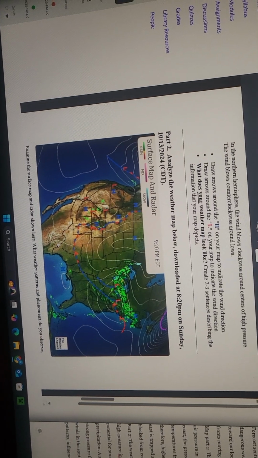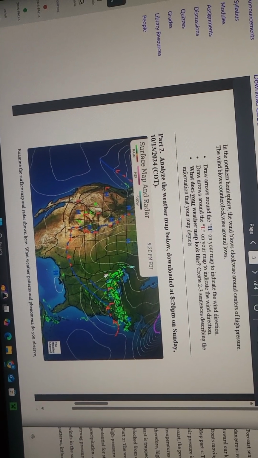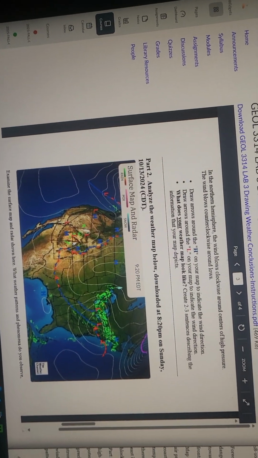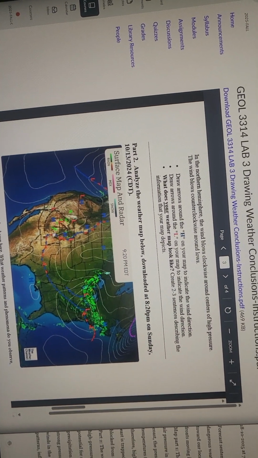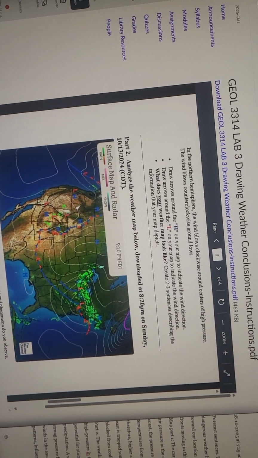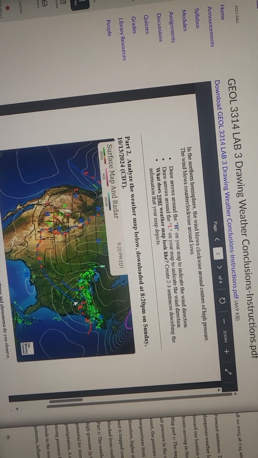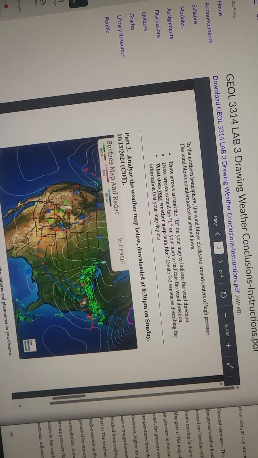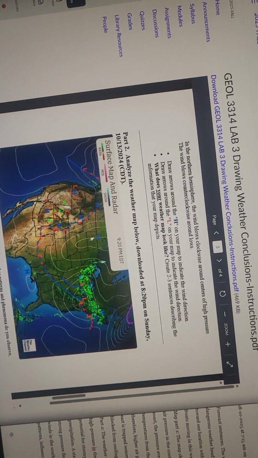We can also see the warm and cold fronts moving through, as well as the storms. This shows a low pressure area in this area. There are multiple areas with low air pressure, but also a couple with high. And over here again, there are quite a few areas of low with a couple areas of higher pressure.